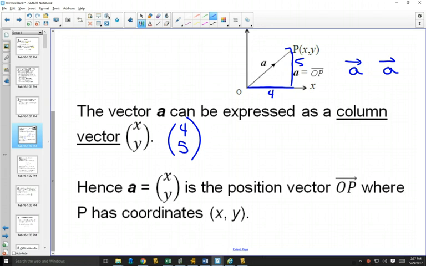And that vector we call a position vector because the 4 and the 5 are in reference from the origin. So anytime we do something in reference to the origin, we call it the position vector.